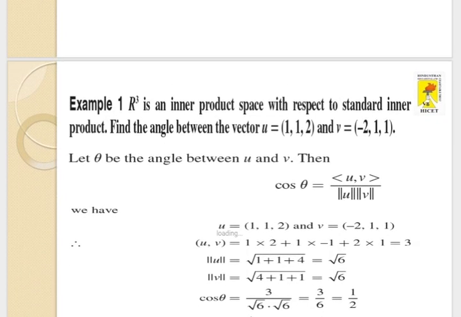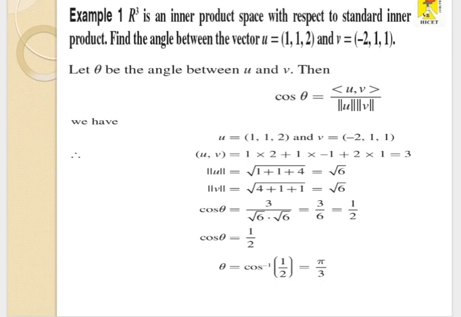Now let us do a problem to find the angle between two vectors. Here R cube is the inner product space with respect to the standard inner product. Find the angle between the vectors u equal to 1, 1, 2 and v equal to minus 2, 1, 1. Let theta be the angle between u and v.